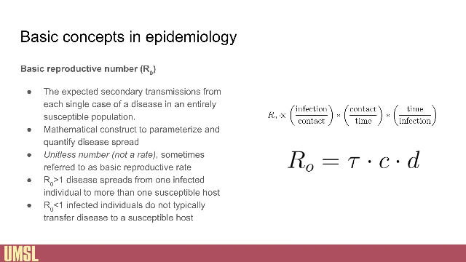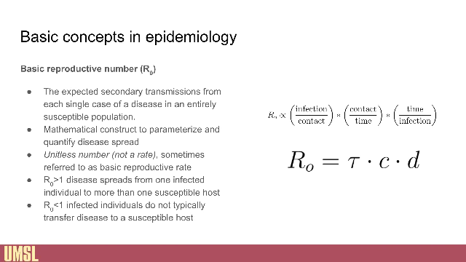So if someone walked in that door with cholera, the question is, if they were in here for an hour, how many people would you expect to get cholera? Right? And so this is what this number is helping us get a handle on. It's a mathematical construct used to parameterize and quantify disease spread. Okay? And it is a unitless number, so it's not a rate.